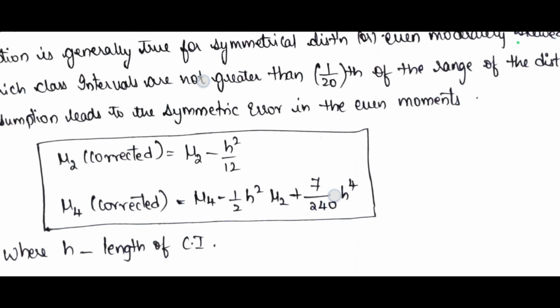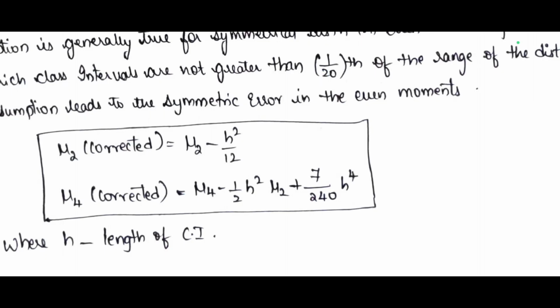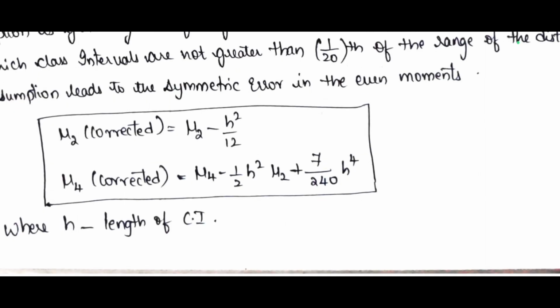So mu2 can be corrected as mu2 corrected equals mu2 uncorrected minus h square divided by 12. What is h here? That h is our class width. Next, what about mu4?